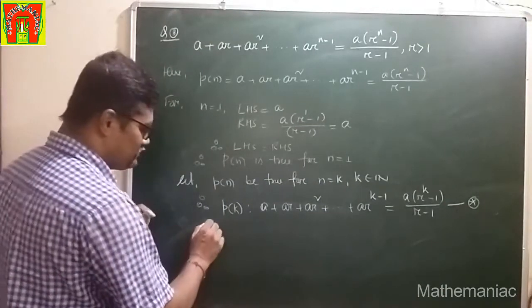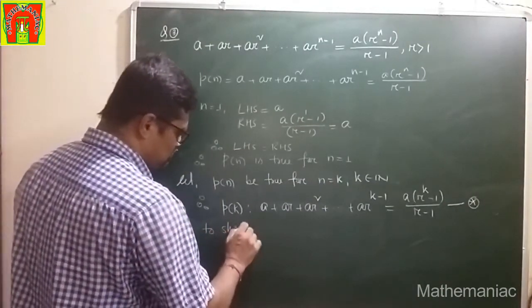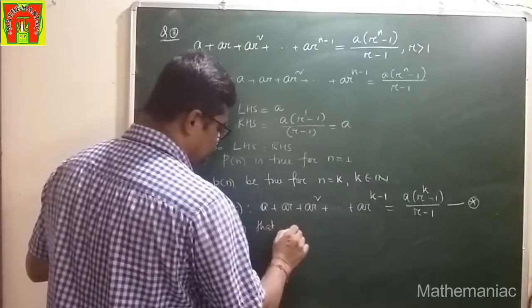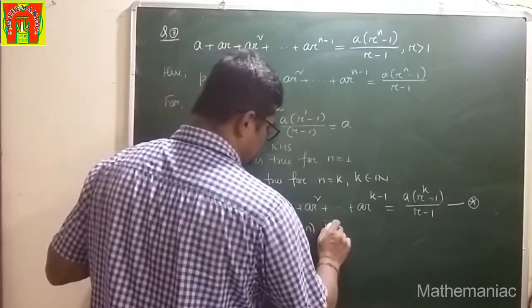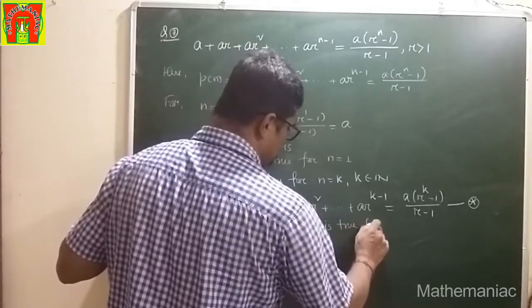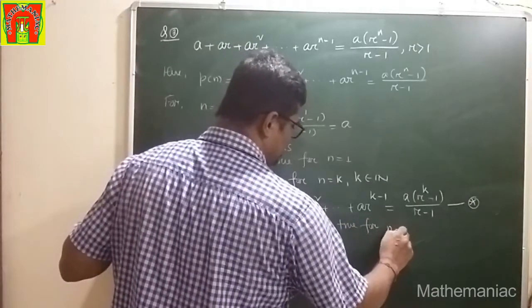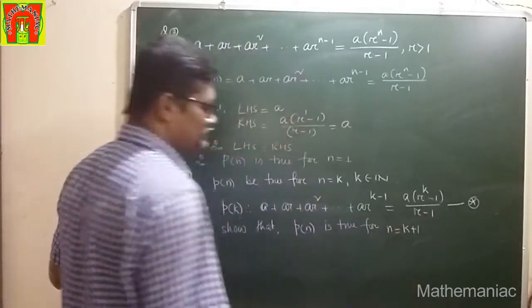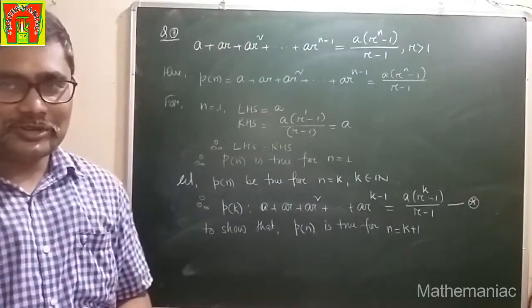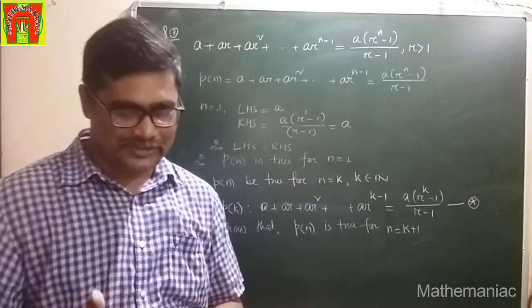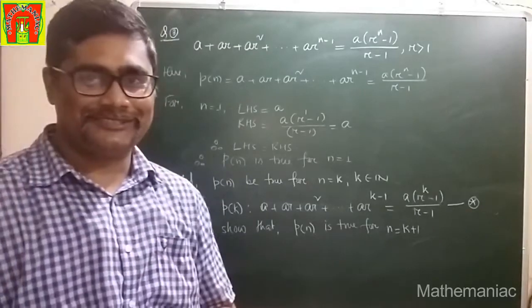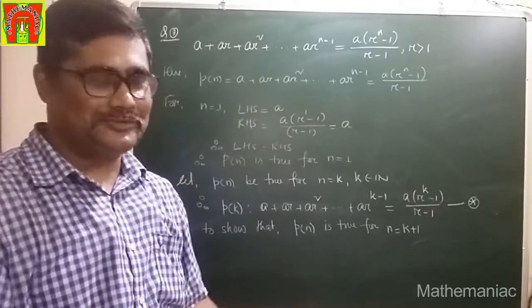What is the objective? To show that Pn is true for n equal to k plus 1. Till now you may not get more taste here because we are not taking challenging or different problems.